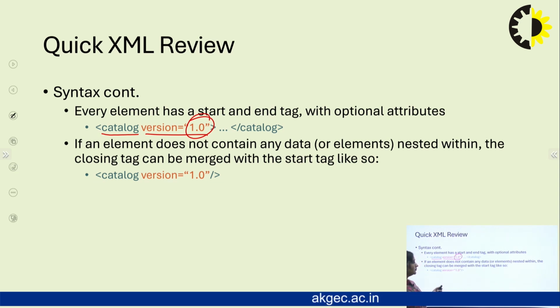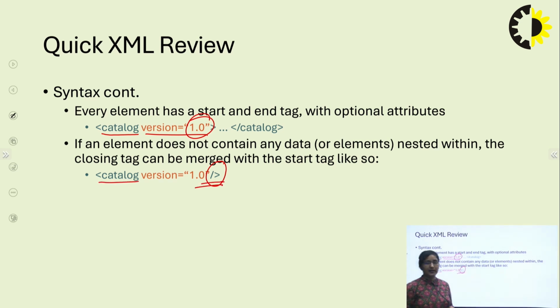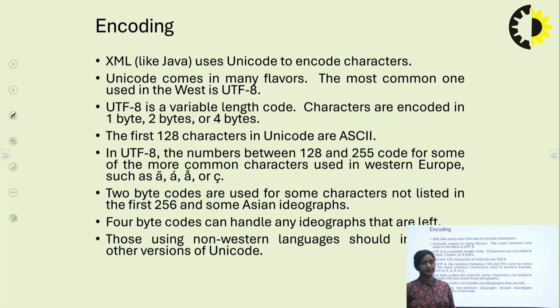Similarly, I can merge the start tag and the end tag as well. If I write this slash, it means this catalog is closed here. I do not have to explicitly write slash catalog to mark the end of the element, I can just write the slash, so it will not ask me again for the ending tag.